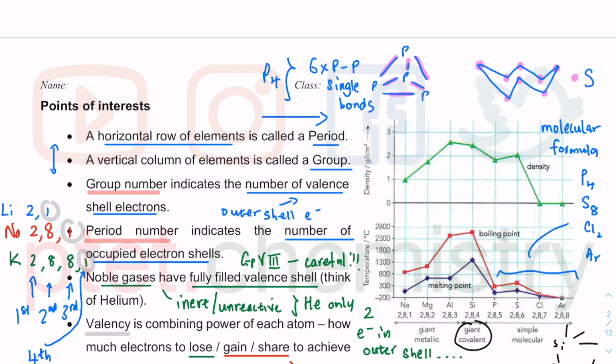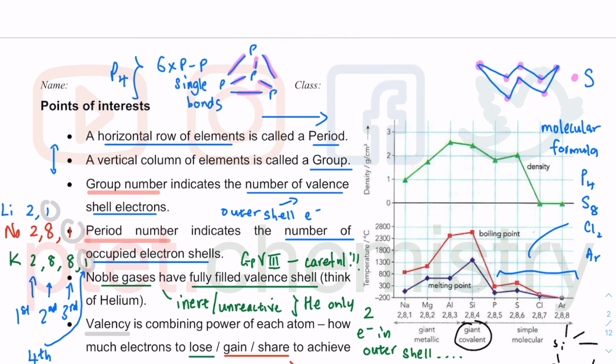And just like oxygen, sulfur forms 2 covalent bond on each sulfur. So that is S8. And in S8, you have exactly, I think, 8, if I'm not mistaken. Let's count. So you have 1, 2, 3, 4, 5, 6, 7, 8. So you have 8 times sulfur covalent bonds in S8 molecule.